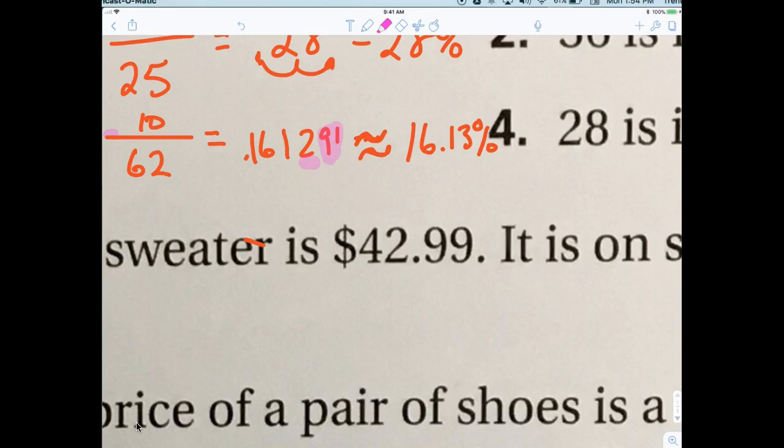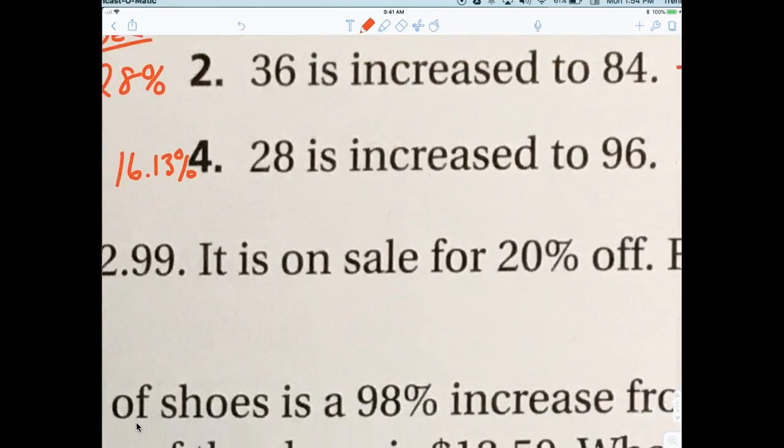I said the 2 looks at the 9. If it's 5 or more, it goes up 1. So we're just rounding. Yes. The rest just drops off. All right.